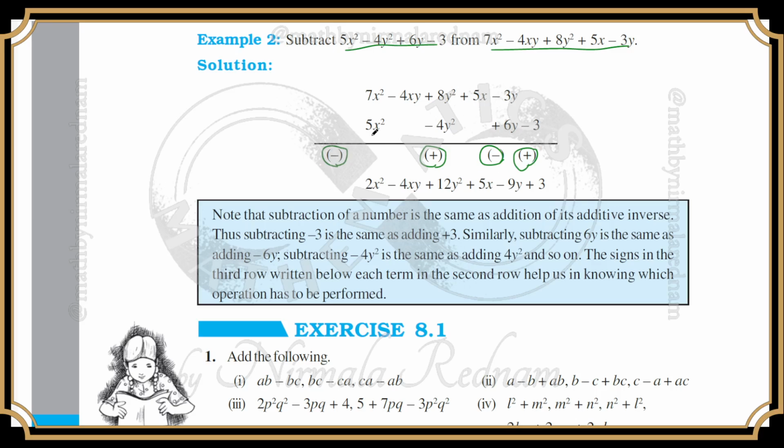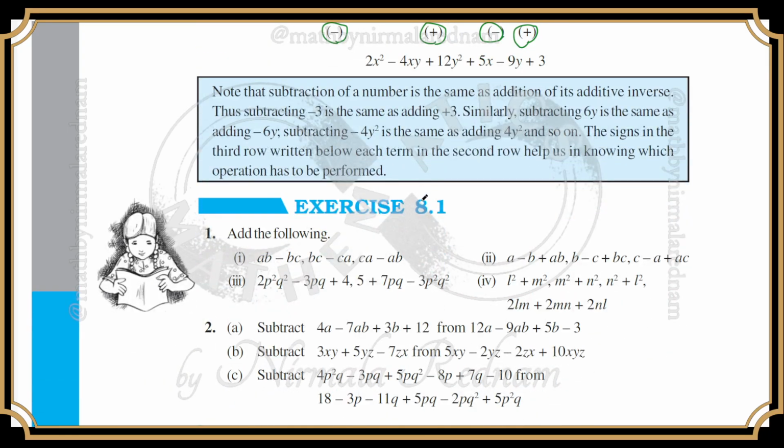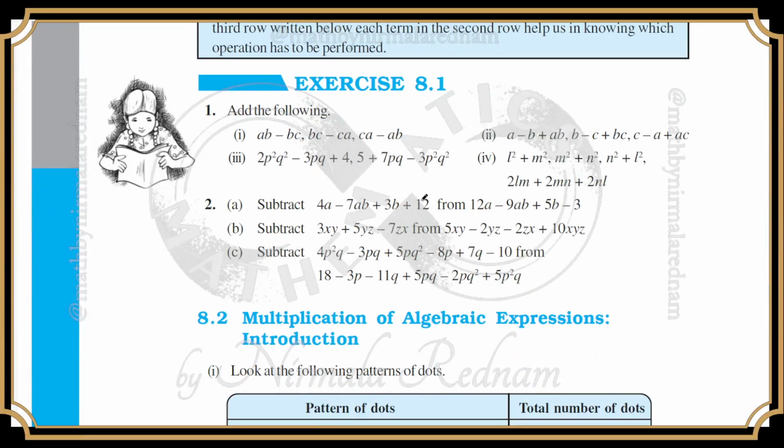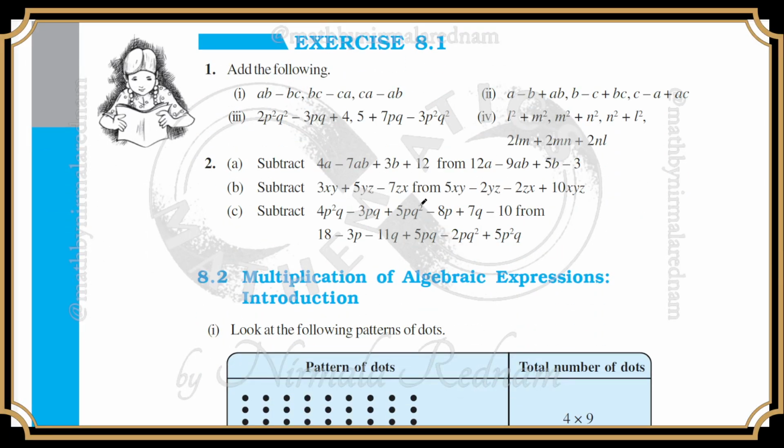Now, 7 minus 5 is 2, minus 4, here there's no term, so as it is. 8 plus 4 is 12, so I have 12 and so on. So this is how we are going to do subtraction. It's the same as addition, only the additional step is you have to reverse the signs of all the terms in the second expression, when you have two expressions in the subtraction.